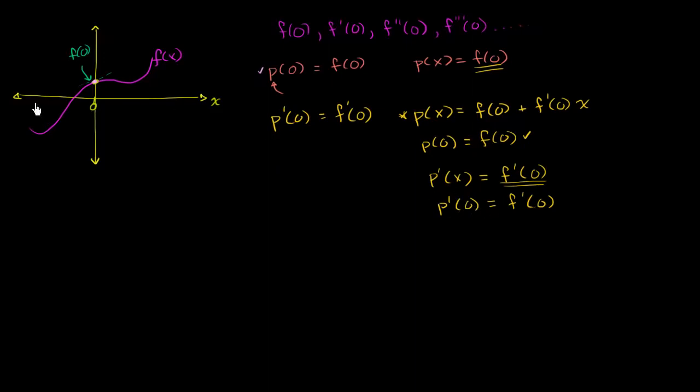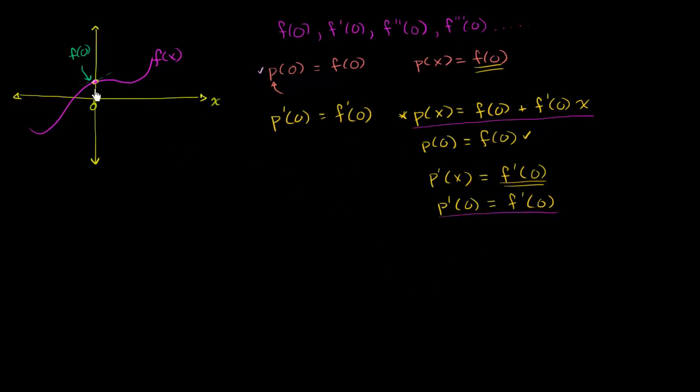But what's cool about this right here, this polynomial that has a 0-degree term and a first-degree term, is now this polynomial is equal to our function at x is equal to 0, and it also has the same first derivative. It also has the same slope at x is equal to 0.